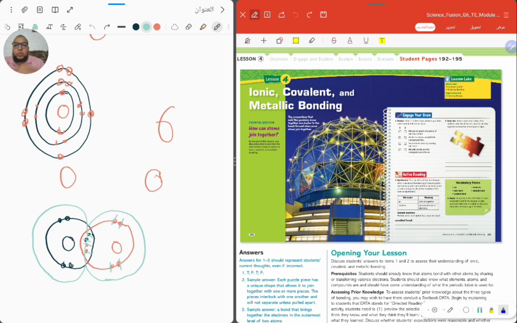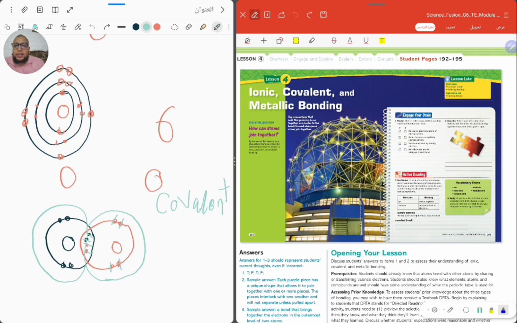So it will rotate around the first one and rotate around the second one, both of them making an infinity sign. That is a covalent bond. It occurs between non-metals only.